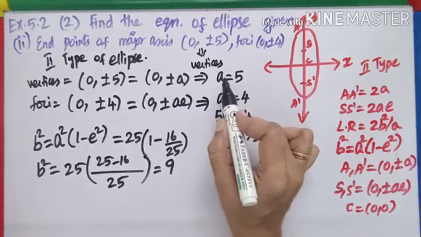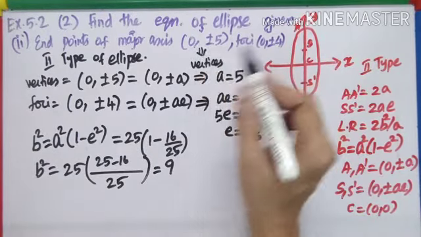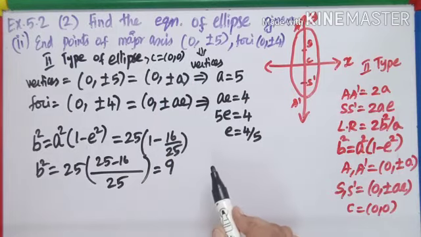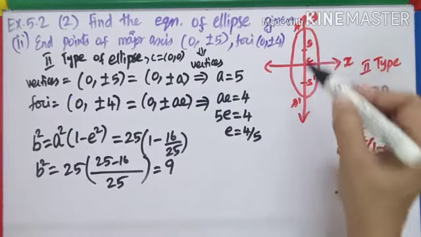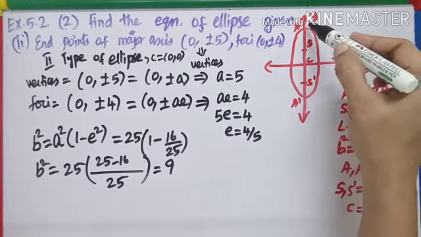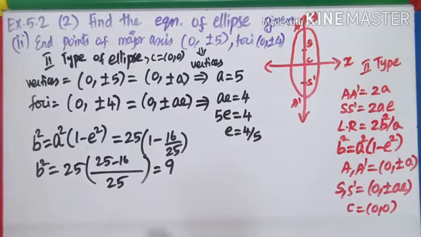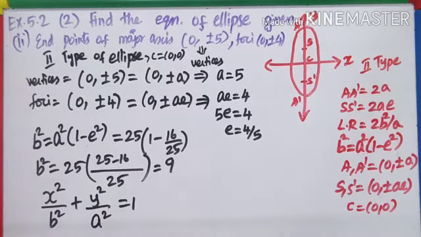So I know what is A and what is B, and it is second type of ellipse. These two together tell me center equal to 0 comma 0. Notice it is in standard form. 0 plus or minus 4, 0 plus or minus 5 tells me center equals to 0 comma 0. So how to write the equation? It is x square by b square plus y square by a square equals to 1.